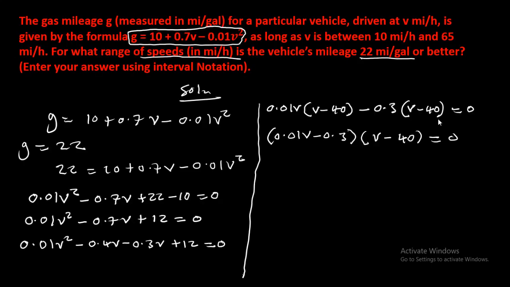With this being written, the next thing we can look at is how to work it out. You can simply split them. You can say 0.01v minus 0.3 is equal to 0, or v minus 40 is equal to 0.